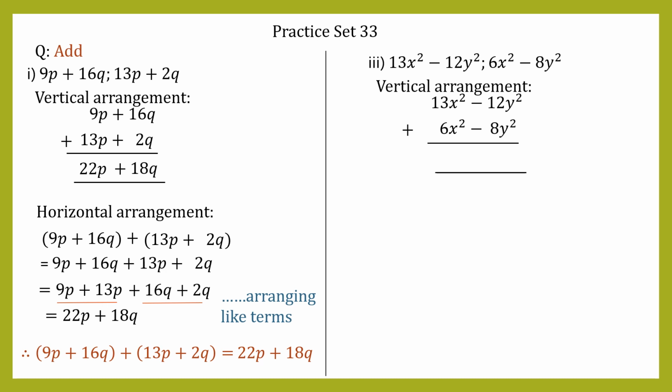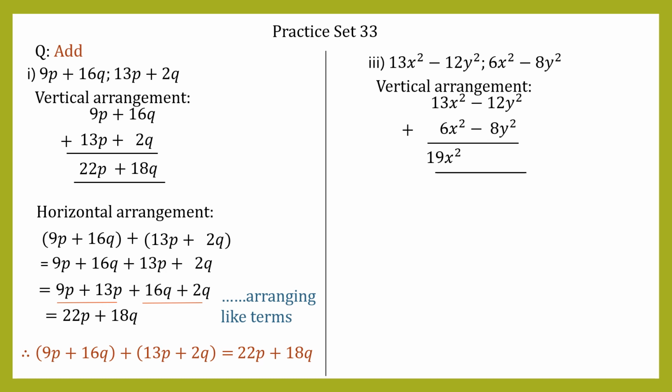Now first we have 13x squared plus 6x squared. 13 and 6, what are these? These are coefficients. So while adding we will add only coefficients. 13 plus 6 is 19.